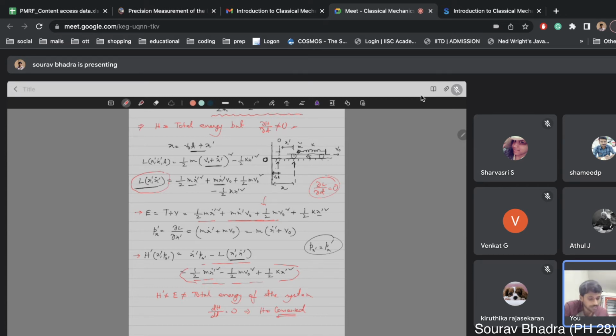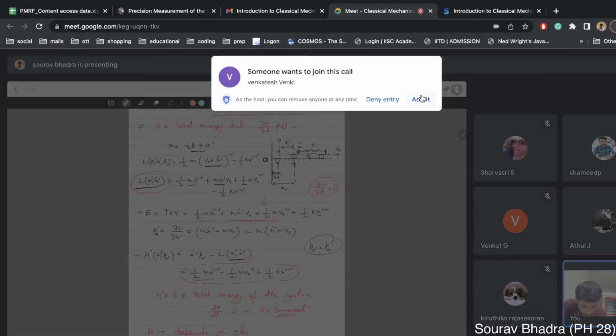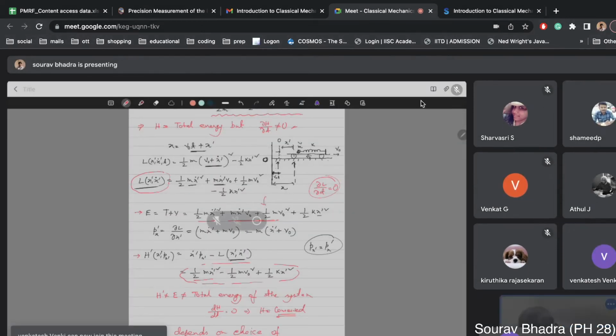This is the main thing you can understand through this simple problem: H depends on the choice of generalized coordinate.